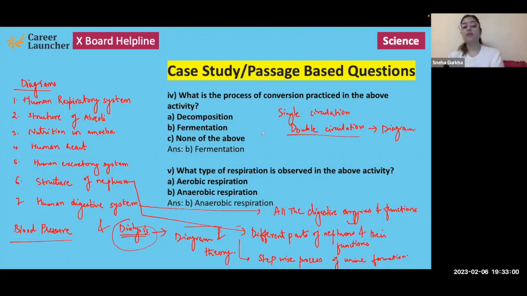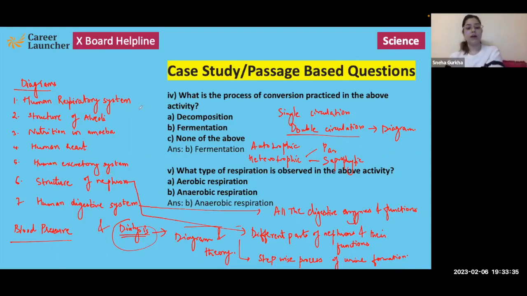The different types of nutrition, whether it is autotrophic or heterotrophic. Heterotrophic maybe whether it is parasitic, whether it is saprophytic, right? Whether it is holozoic. So you should be well aware of that, and the type of organisms that show the different types of nutrition.